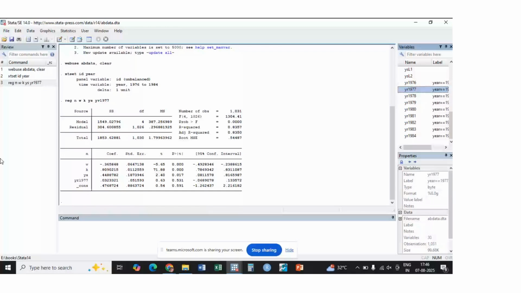Am I audible to the people online? Yes, sir. Then I'm going to add the dummy variables to capture the year effects.